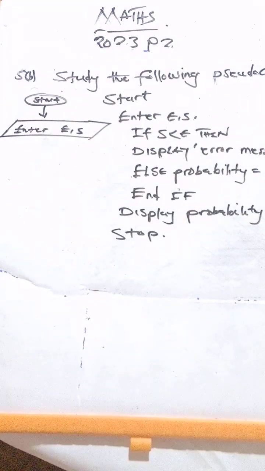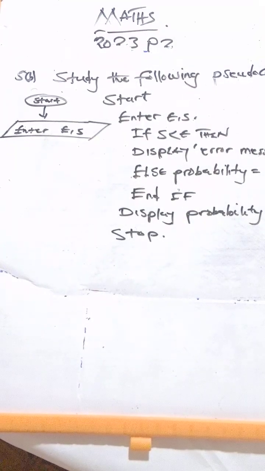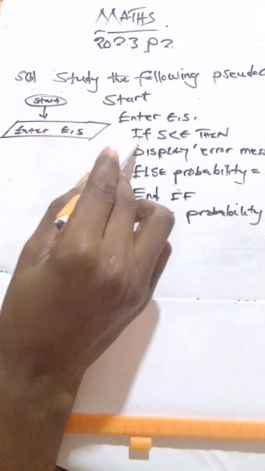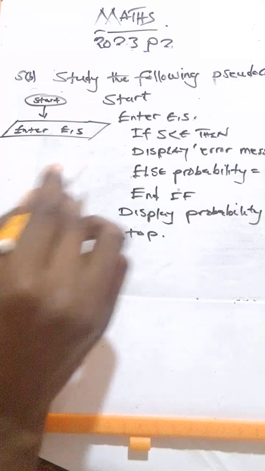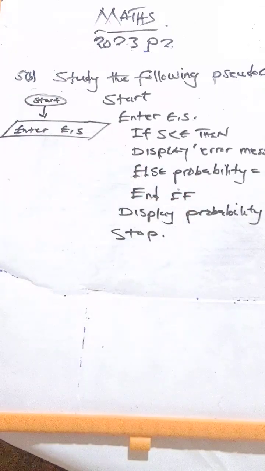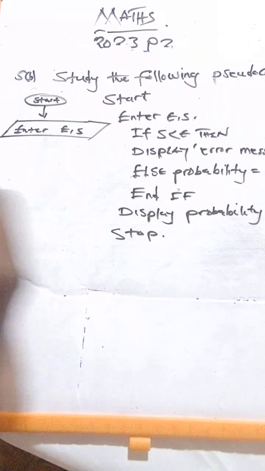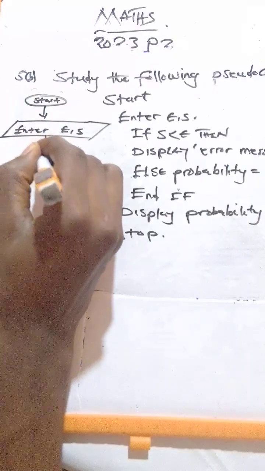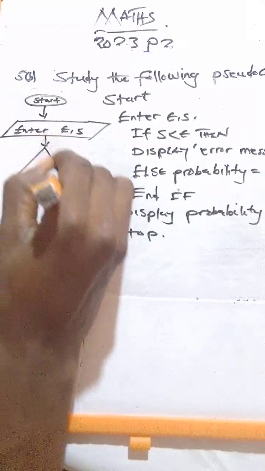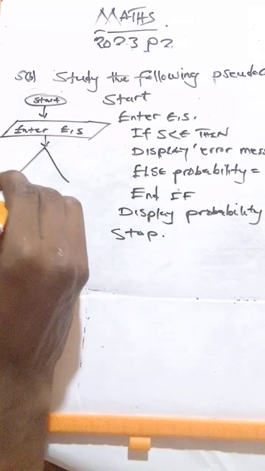If S is less than E, so this if in a flowchart is changed into is. Hence, it becomes now a question. Then a question is always put in a diamond shape. So this is our diamond shape.